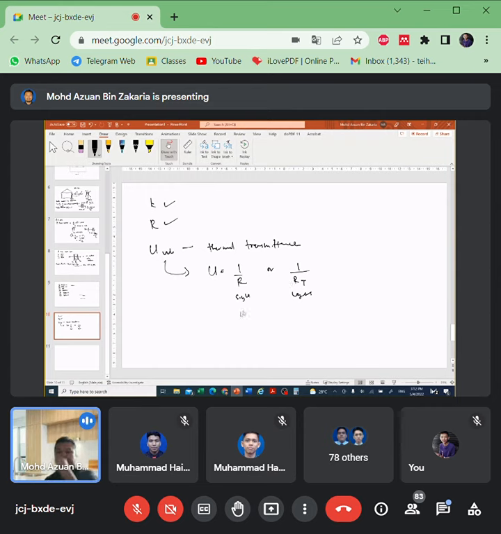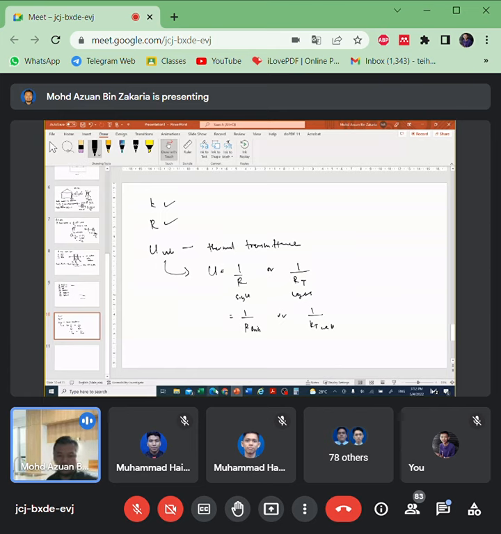For example, one single brick, it is 1 over R brick. Or if there is a wall, 1 over R total of the wall, several layers, plaster and so on. So that is how to use U value.